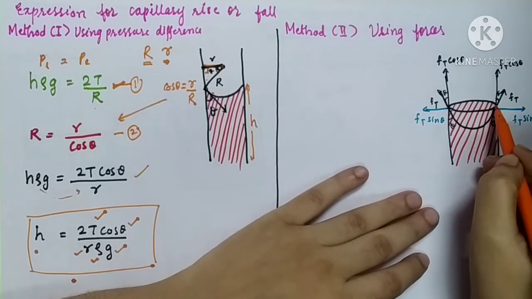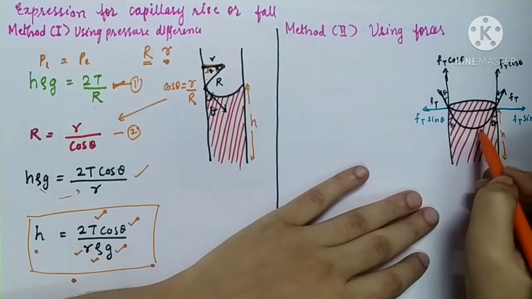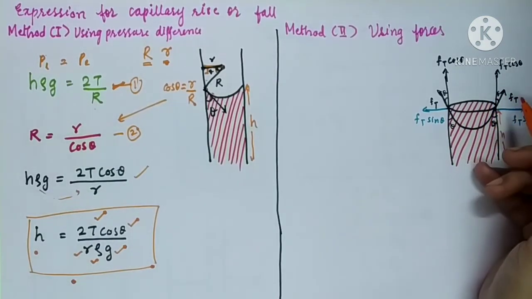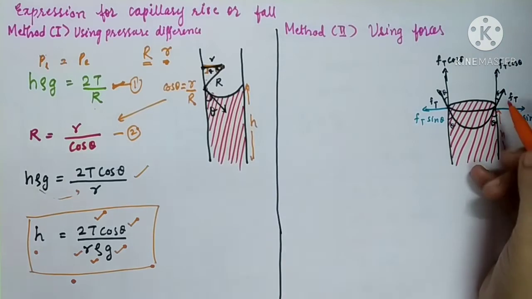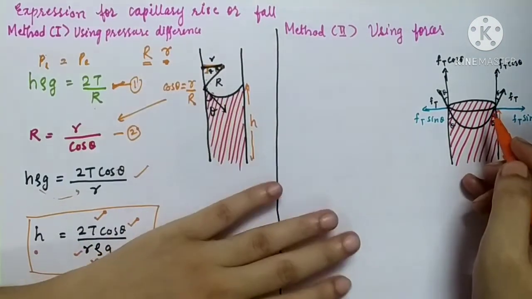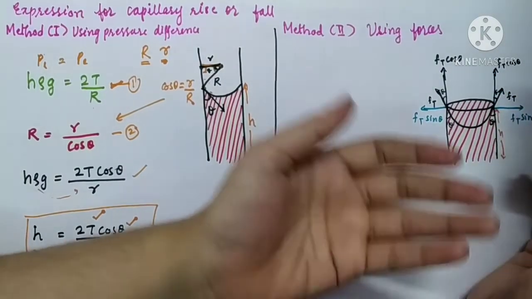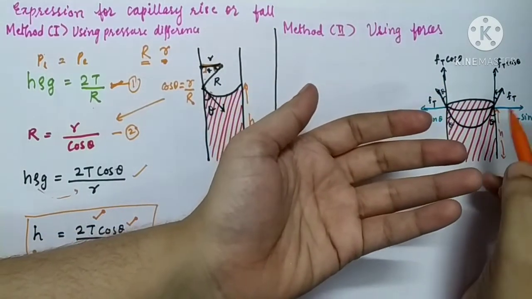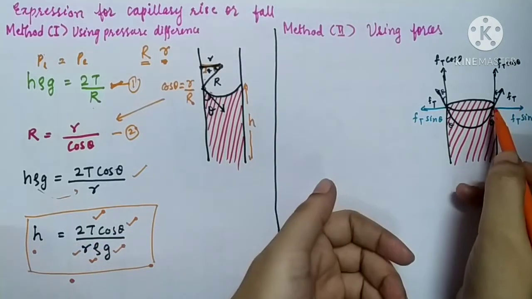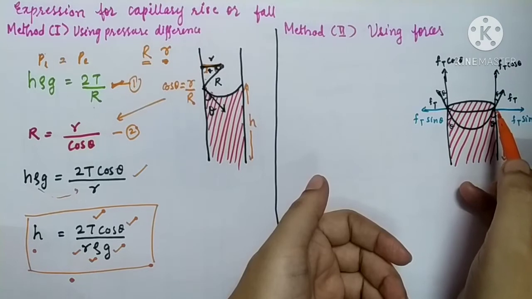And the liquid meniscus is, again, concave over here. This concave meniscus will appear like a lens on the surface of the capillary tube. That is why we have drawn the liquid meniscus in the form of a lens.